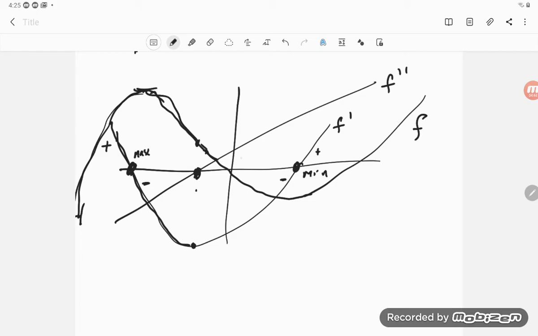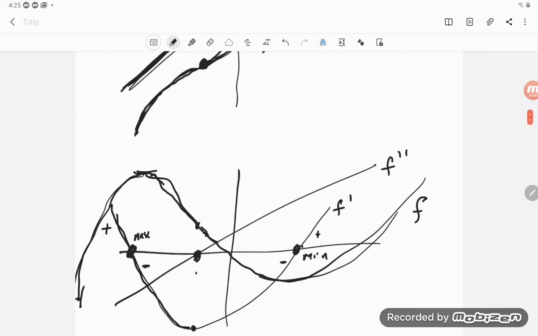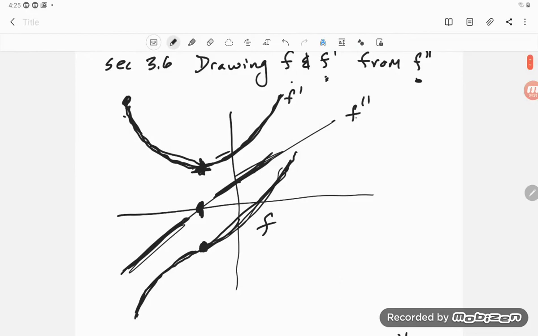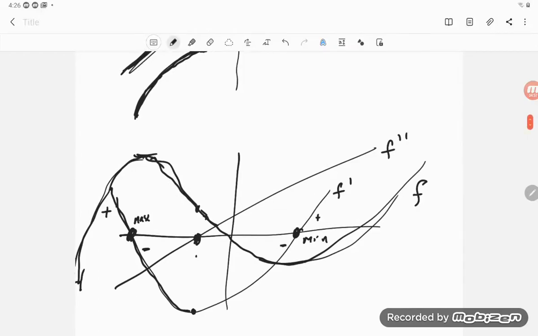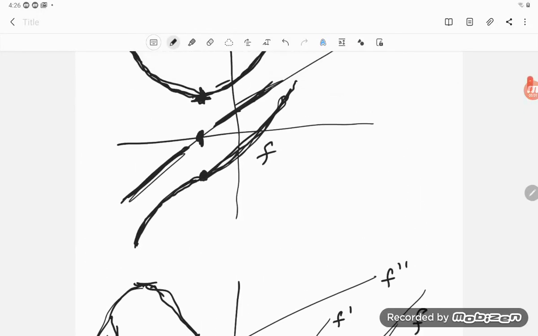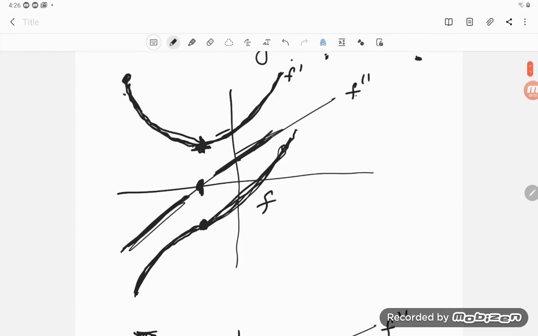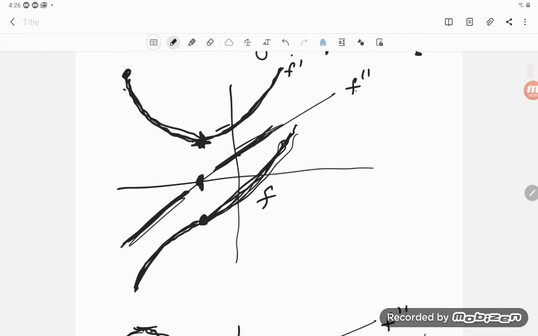It has a nice kind of cubic look to it. But you see, that's very different than this one. And not way, way different. I mean, the concavity is the same. It's concave down and then it's concave up, just like up here it was concave down and then concave up.